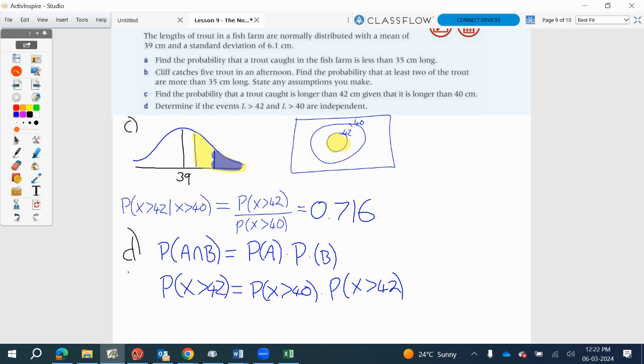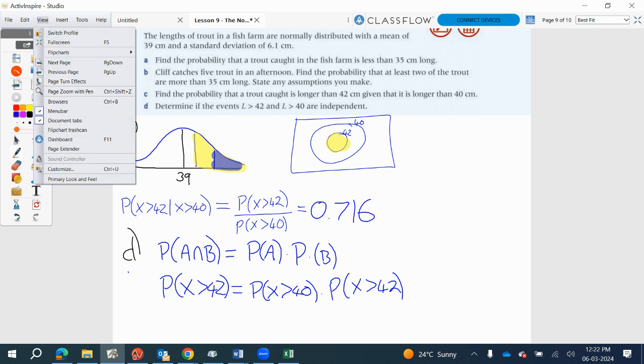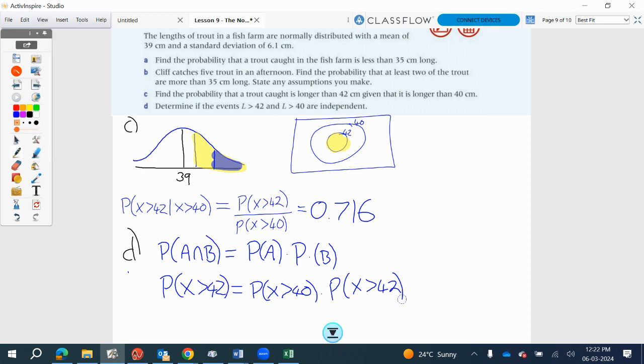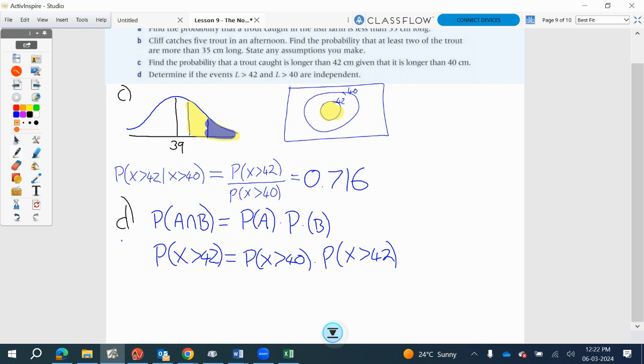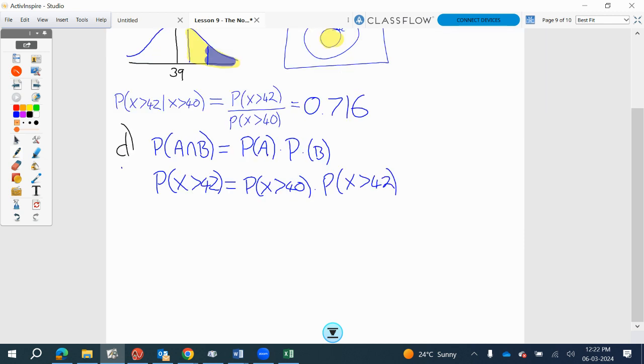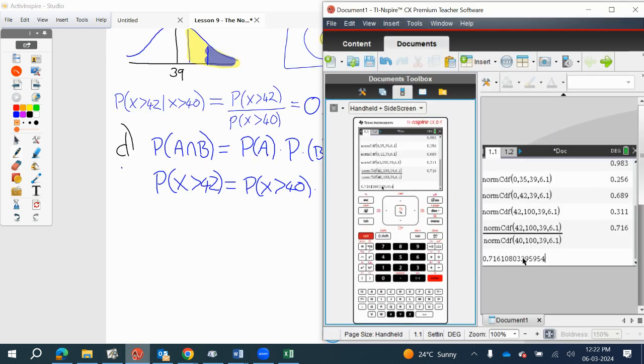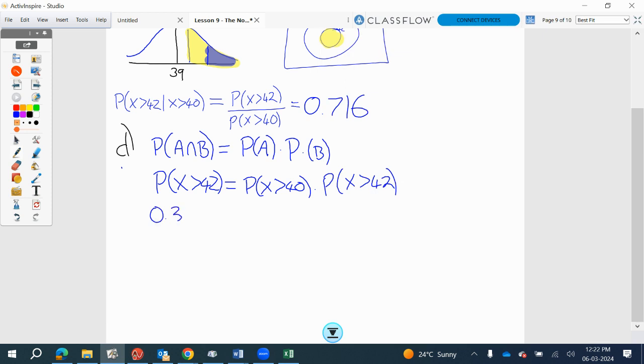But what you should do for this question is show your values. So let's calculate the different values. The probability that it's greater than 42 we have is 0.311.